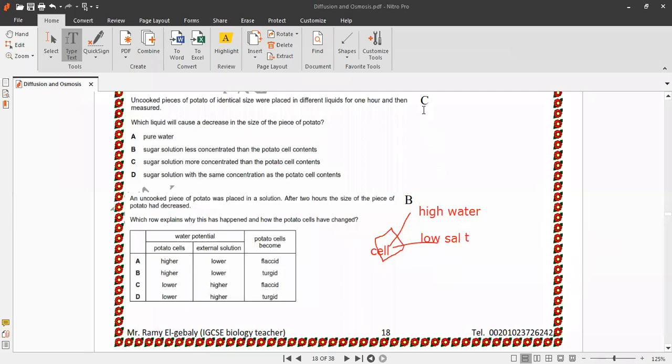So the water moves out of the cell by osmosis from higher water potential to the lower water potential in the solution. So the correct answer is B: the potato cell has higher water potential and the solution has lower water potential.